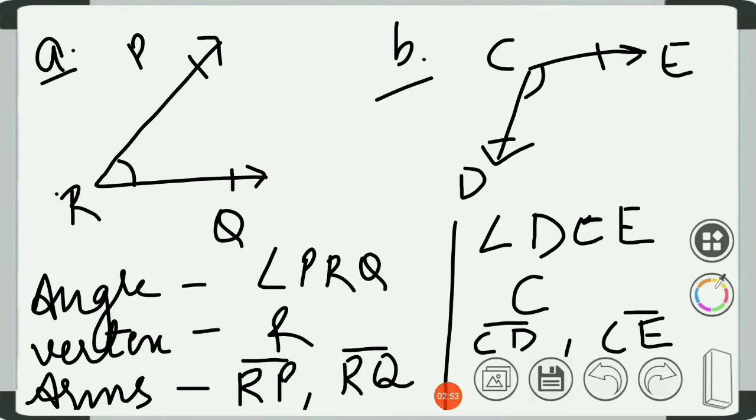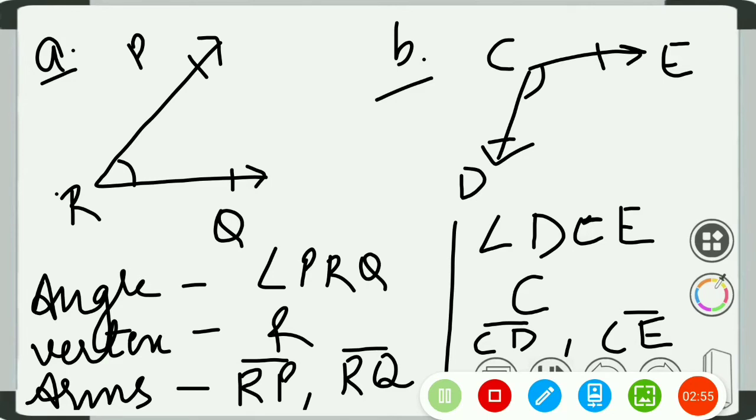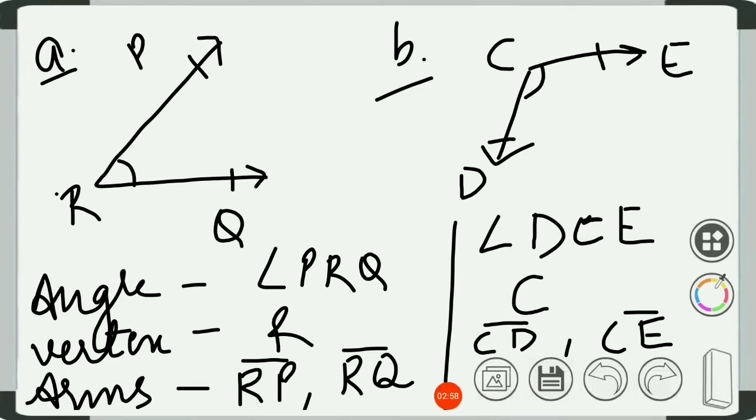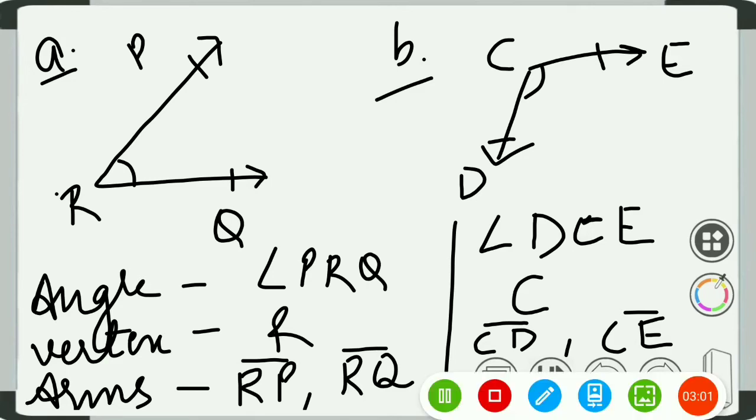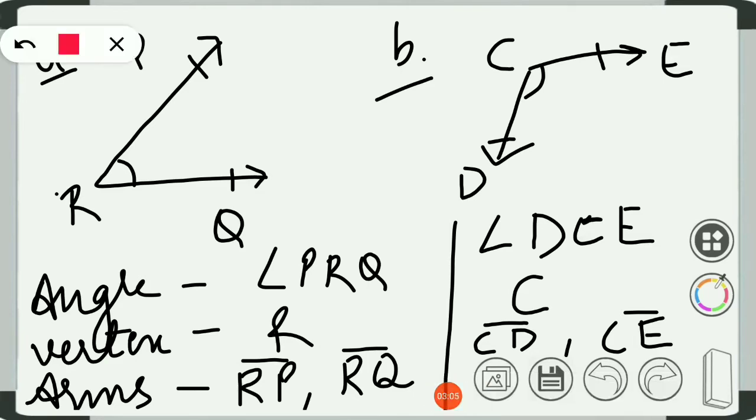Now let's solve some questions. We have figures A and B. Look at figure A. Here is an angle which is PRQ. Now you have to find in this figure which one is the angle.